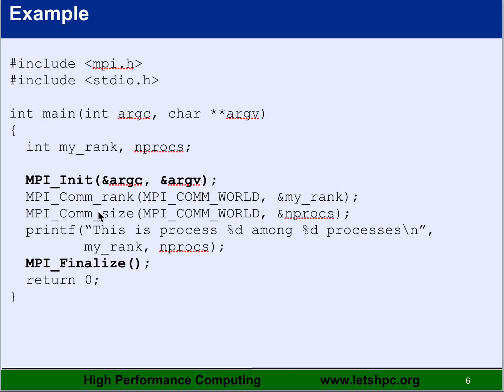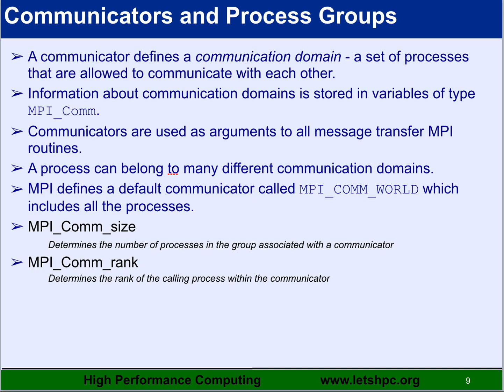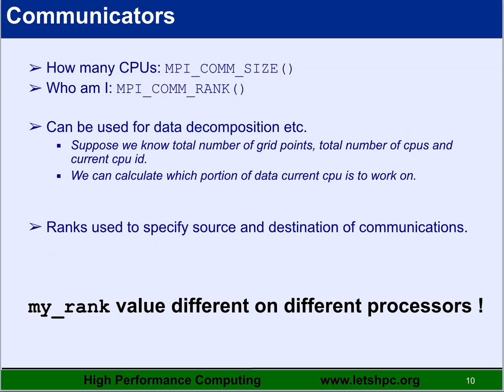So now we know that MPI_Comm_rank determines the rank of a particular process in a communicator, and MPI_Comm_size determines the size of the communicator. These two important questions have been addressed using these two calls: how many CPUs, addressed by MPI_Comm_size, and who am I, what is my rank, addressed by MPI_Comm_rank.